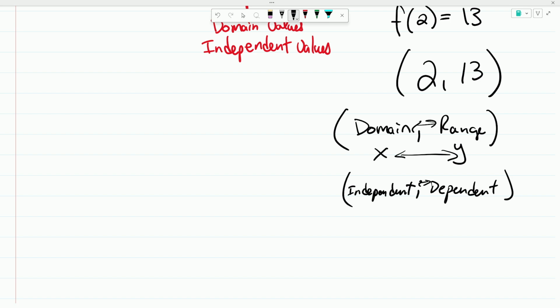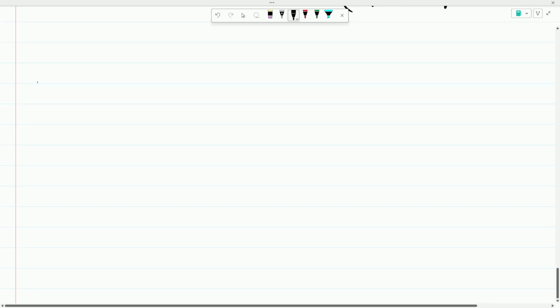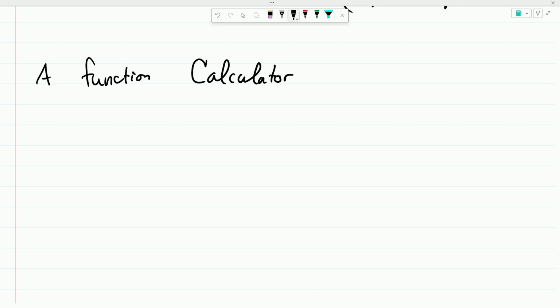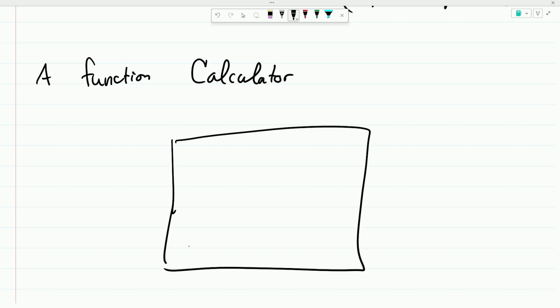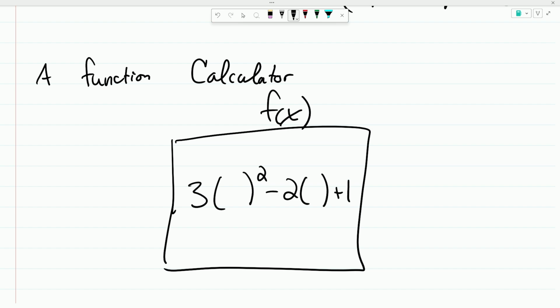Sometimes people present this as like a function calculator. All right. So let me explain. A function calculator. So here's our calculator right here. We'll name it f of x. And it only knows how to do one thing. It only knows how to do this. It knows how to do 3 times something raised to the second power minus 2 times something plus 1.